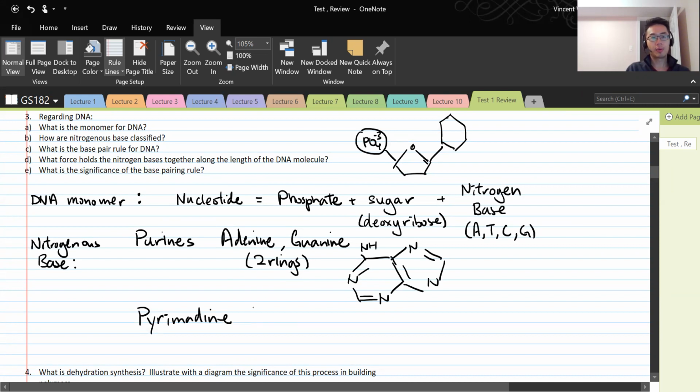And then the other type is the pyrimidine. The pyrimidines are going to be thymine and cytosine. Unlike the purines, the pyrimidine only has 1 ring.